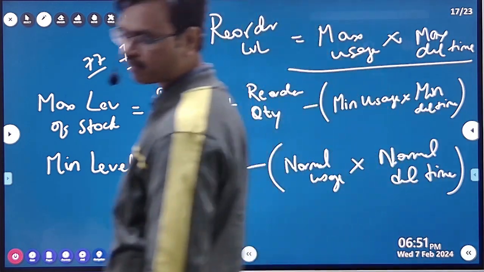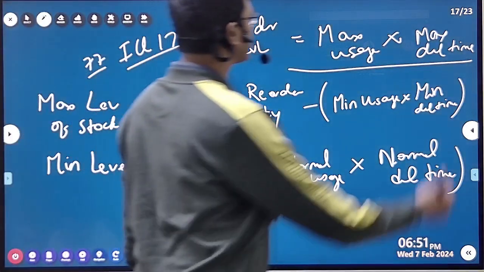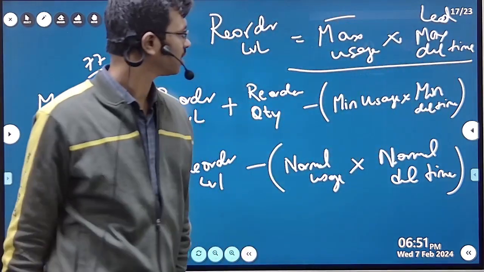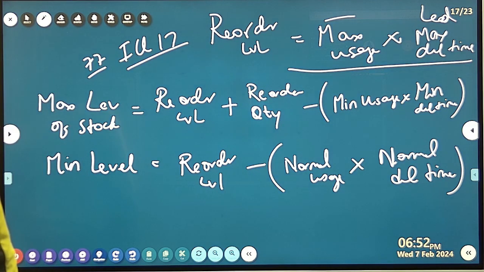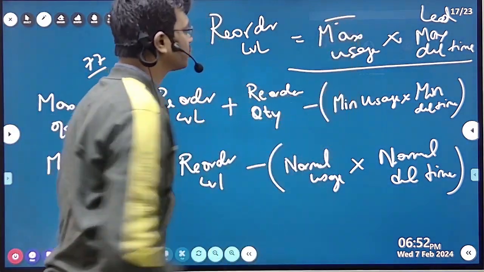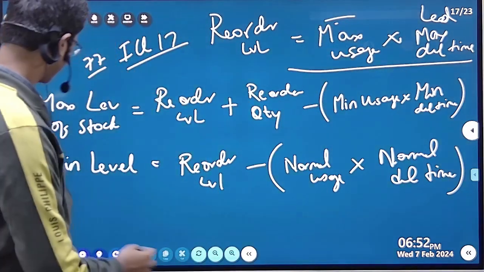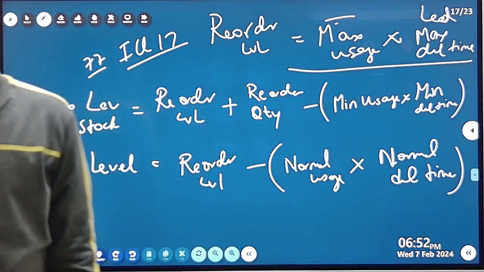So has he given maximum usage and maximum delivery time here? No, right? He has given the lead time. So that is your delivery time, lead time, and he has given the annual demand, and he has given average daily demand. So when max usage is not available, you have to use the normal usage. So it means the usage is at a constant level. There is no maximum or minimum. Okay?